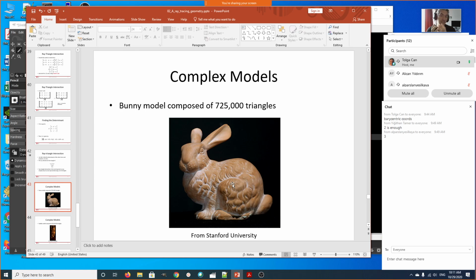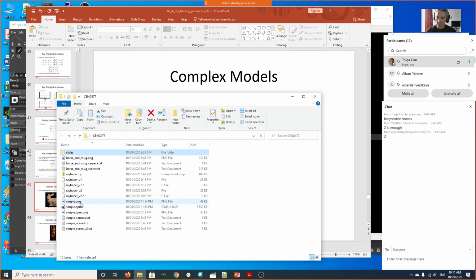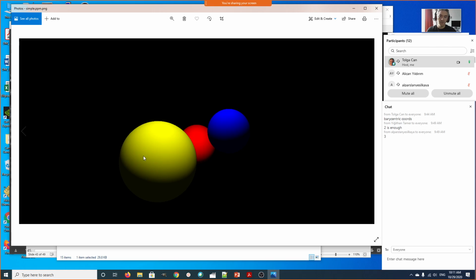So we will give these material properties to the surface. But when I give the same material to the entire surface, it will look like the figures we generated, like this.